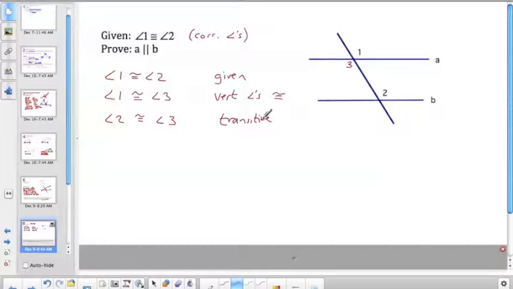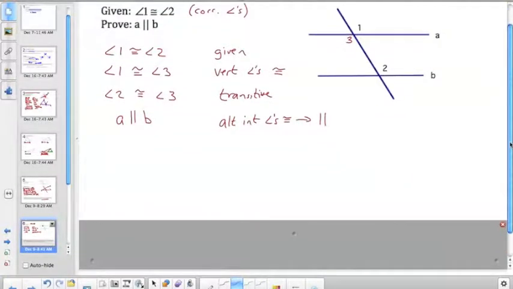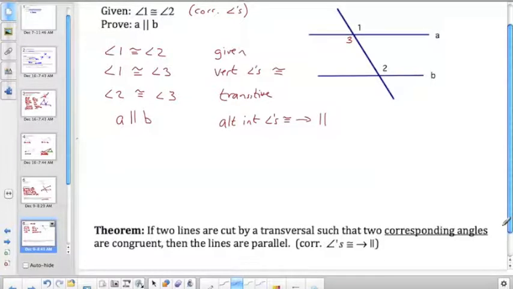Well, based on our previous proof, we just said that whenever you have alternate interior angles congruent, then you have parallel lines. And notice that 2 and 3 are alternate interior angles in this picture. So, new theorem. We started with corresponding angles, and now we ended up with parallel lines. So this is another theorem, and there's our abbreviation for it.